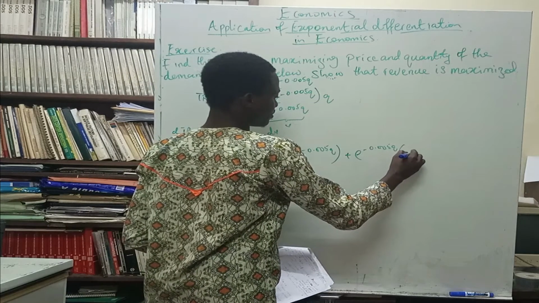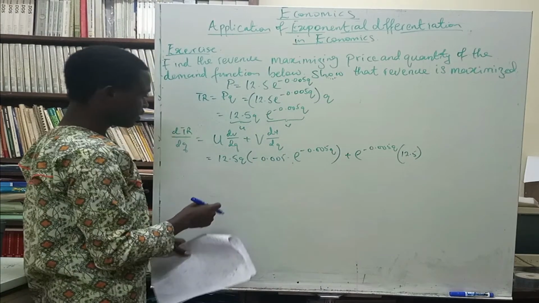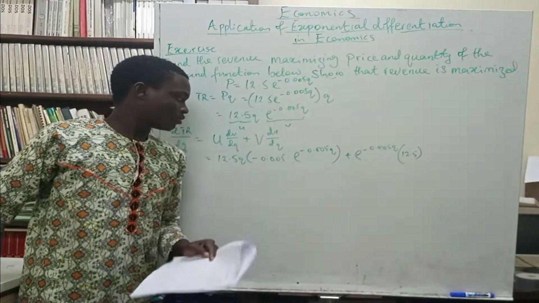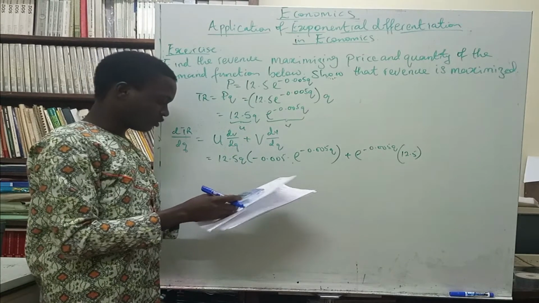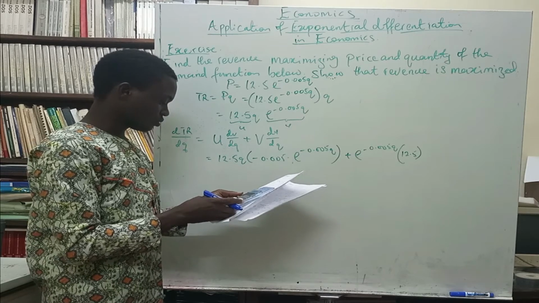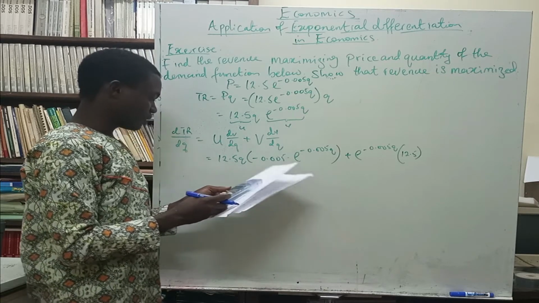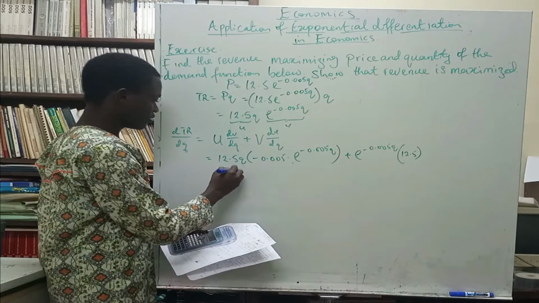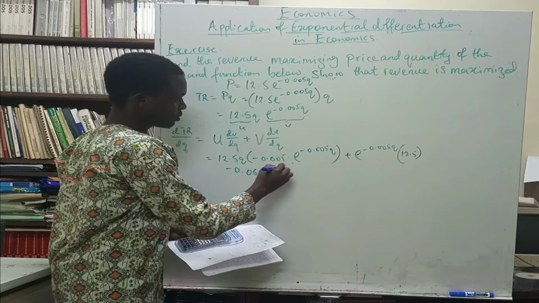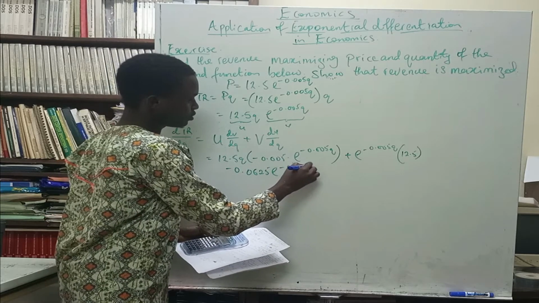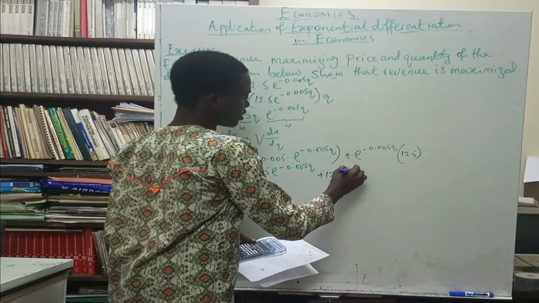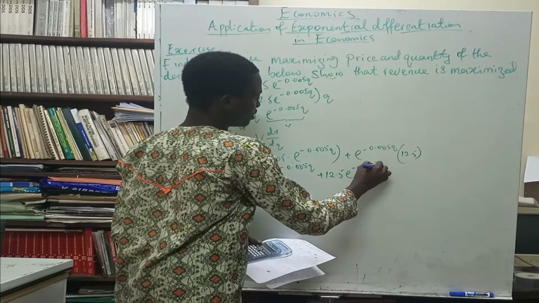So what we have here is 12.5 times minus 0.005, which gives us minus 0.0625 e raised to minus 0.005 Q, then plus 12.5 e raised to minus 0.005 Q.